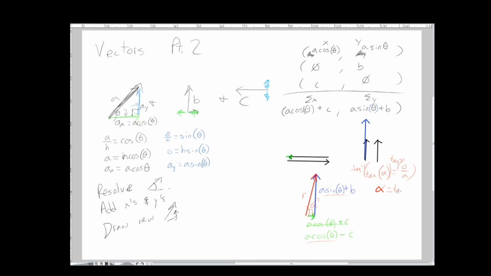We'll get inverse tangent of the opposite side over the adjacent, where the opposite side is the sum of the y's, and the adjacent side is the sum of the x's. And we would report our answer as r at some angle theta. Don't forget your units, degrees, radians, whatever it is. And that's how you use component method.